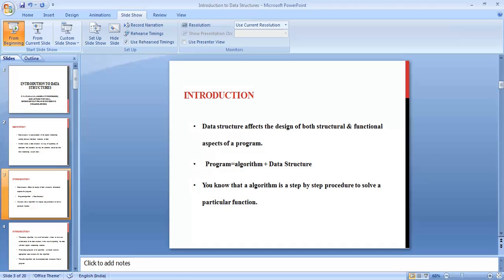Next, what is the difference between primitive and non-primitive? A primitive data structure is generally a basic structure that is usually built into the language, such as an integer or a float. Second, a non-primitive data structure is built out of primitive data structures linked together in a meaningful way.